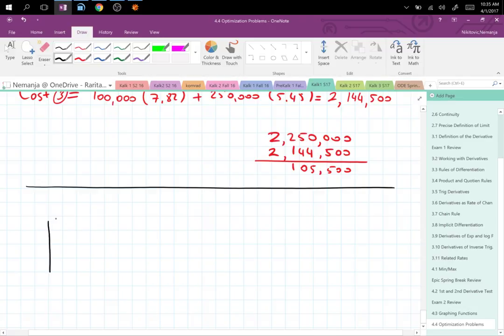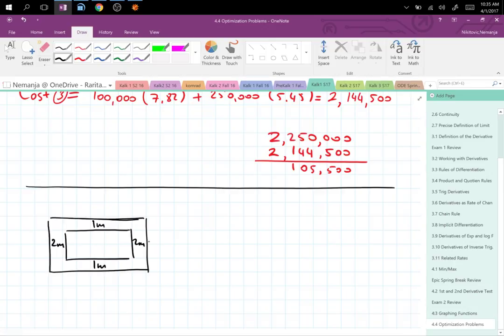They give you a flower garden. Now I'll tell you immediately two more applications. So this is 1 meter, 1 meter, 2 meters, 2 meters. And they say a rectangular flower garden with an area of 30 meters squared is surrounded by a grass border 1 meter wide on two sides and 2 meters wide on the other two sides.